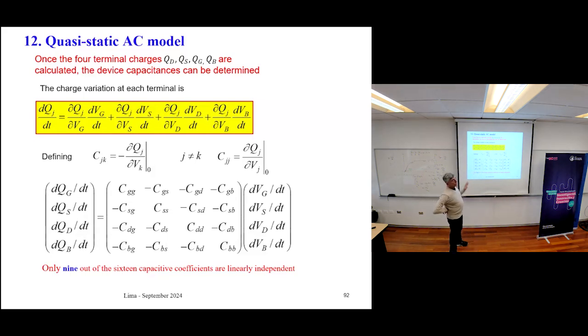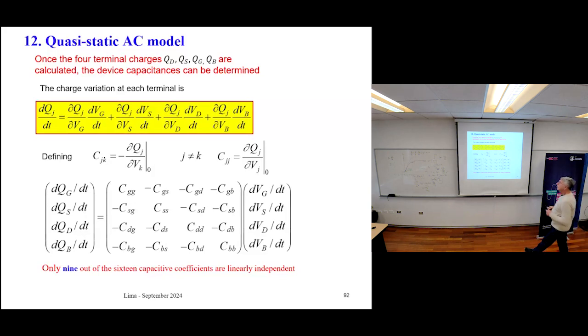So you have a total of 16 capacitors. Wow, this is a big problem. How to include all these capacitors to solve the frequency response of an amplifier or a current mirror or any device?